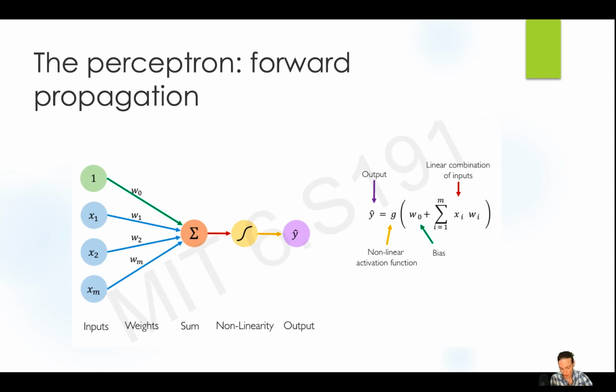I mentioned that usually we add a bias to the model. So here, the bias will also have a weight. It just shifts our model.